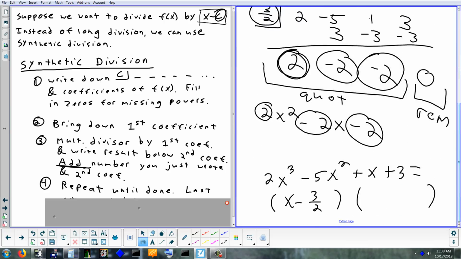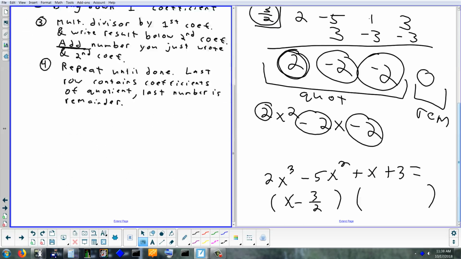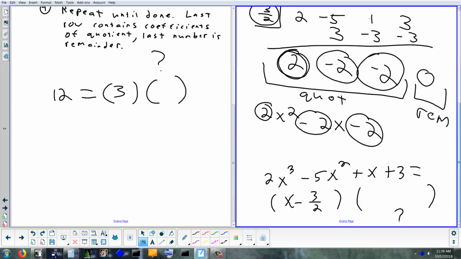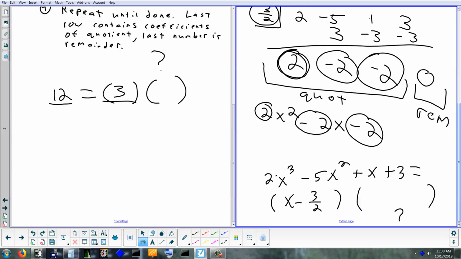And now think back to what we did yesterday. If I wanted you to factor the number 12, just like what we're doing here, and I tell you one of the factors is 3, how do you get the other one? You divide. We already did divide. We know if we divide this by that, you get the other factor.